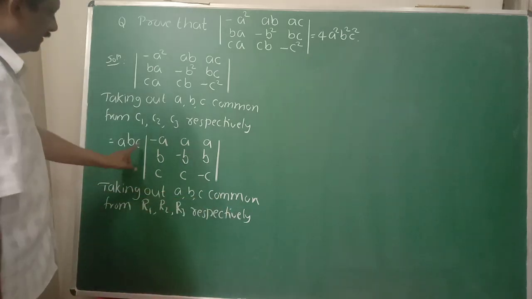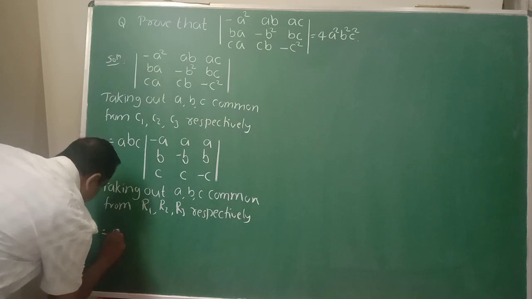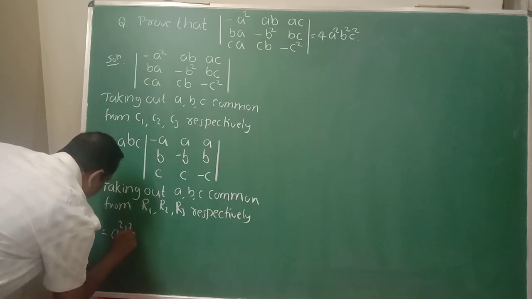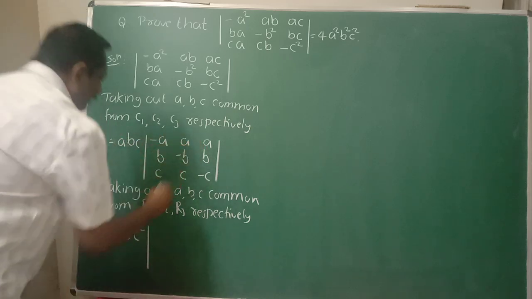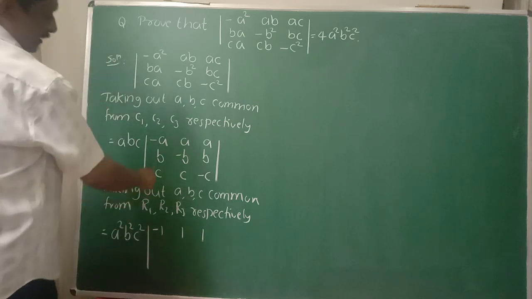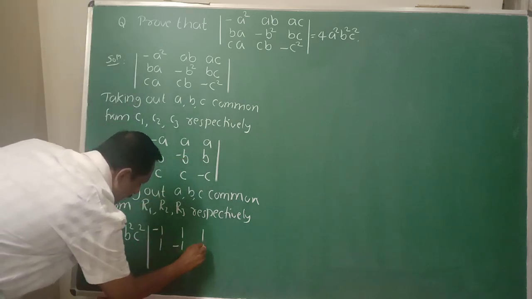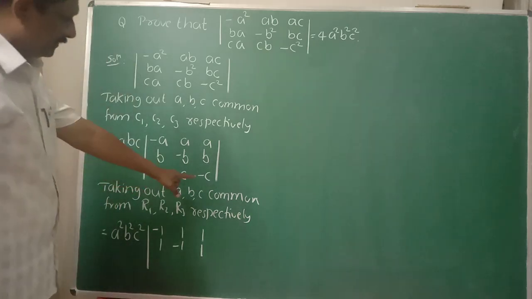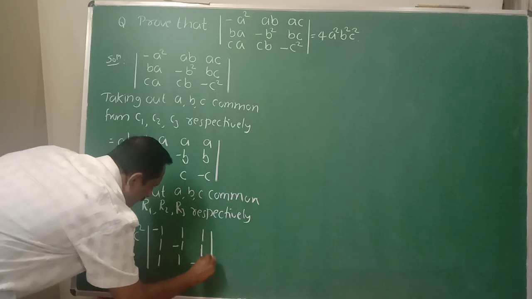Therefore, a into a becomes a square, b into b becomes b square, c into c becomes c square. Hence, a square b square c square into the determinant of: here a common, so minus 1, 1 and 1. Here b is the common factor, so 1, minus 1 and 1. And here c is the common factor, so 1, 1 and minus 1.